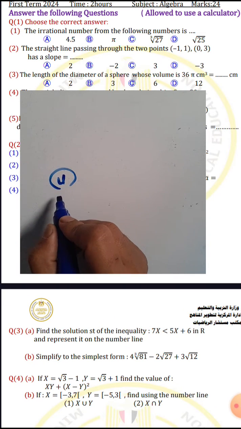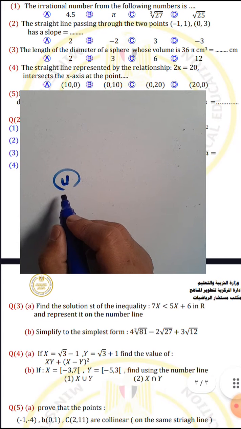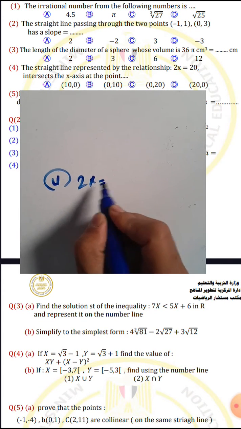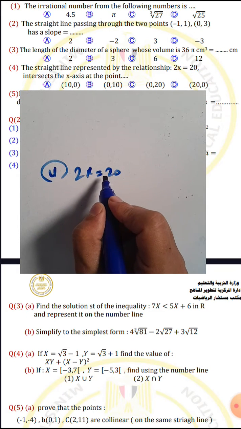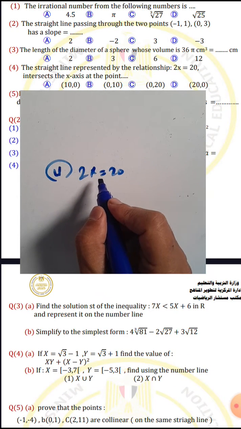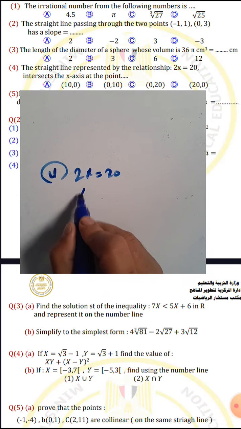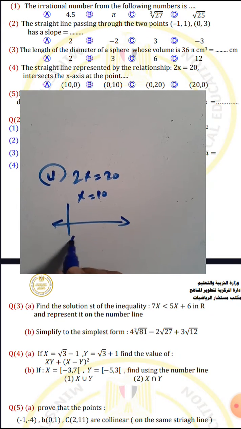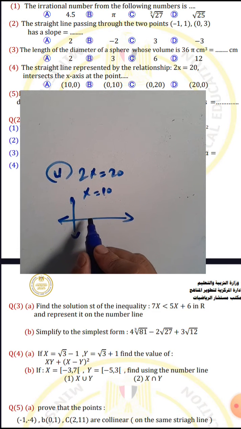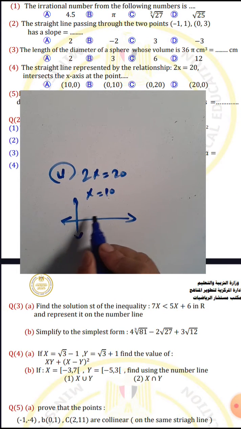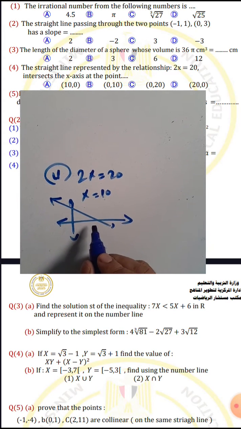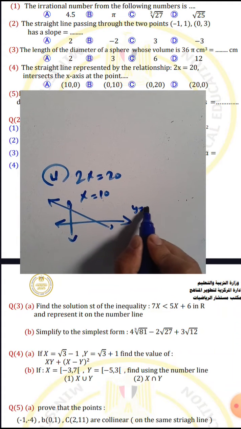Question number 4. The straight line represented by the relation 2x equals 20 intersects the x-axis at the point what? Okay, we know x will be equal to 10. This straight line is represented by the relation 2x equals 20, then x equals 10. Intersects the x-axis, what does that mean? It means y equals 0.